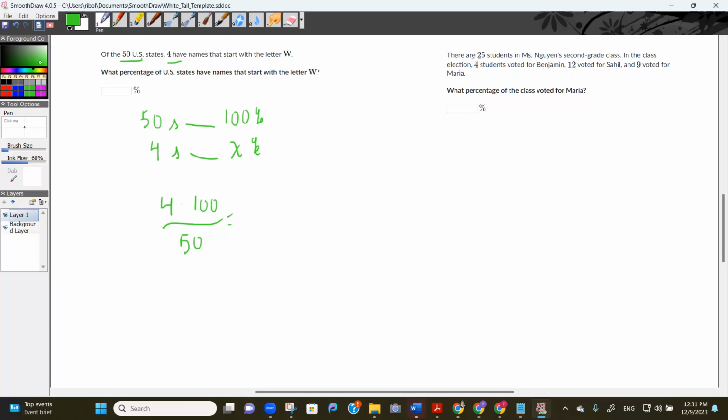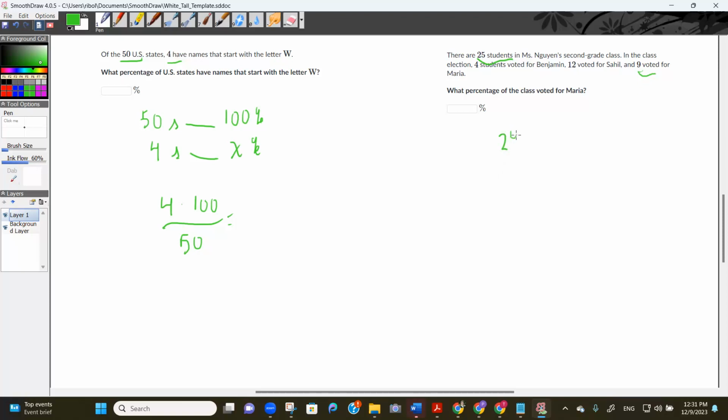If we look at this other problem, we say, all right, there are 25 students in Mr. Nguyen's second grade class. In the class election, 4 students voted for Benjamin, 12 voted for Sahil, and 9 voted for Maria. What percentage of the class voted for Maria? So we are basically concentrated here on these 9 votes, all right?